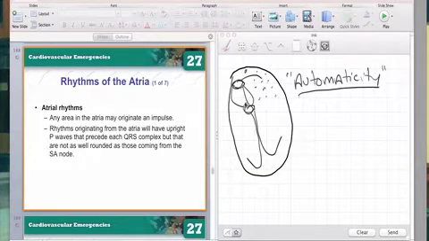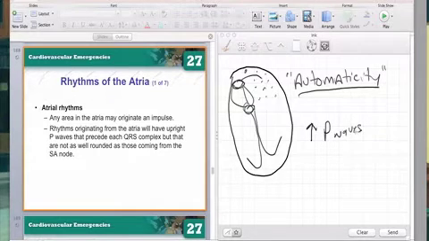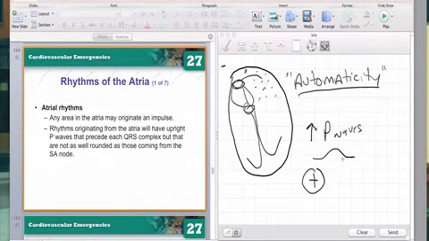When I'm looking at my EKG, one thing I'm going to notice is that I'm going to have upright P waves because the impulse is still traveling down towards my positive electrode in lead 2. Remember, electricity flowing towards this positive electrode is going to present upright on an EKG. So I'm still going to have positive P waves, but they're not going to be nice, rounded, and upright like you would see in an SA nodal P wave.